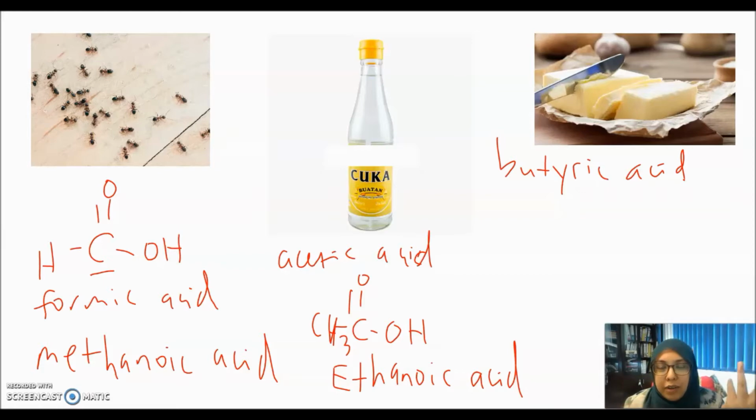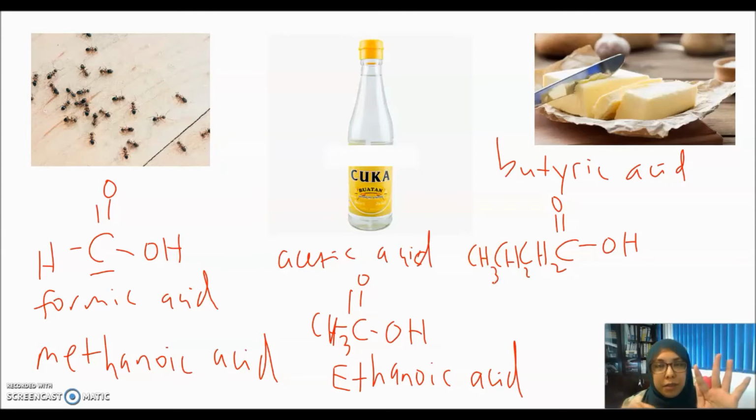Butyric acid looks like this, with CH2, CH2, CH3. We have four carbons, so its name is butanoic acid. That's it for acids.